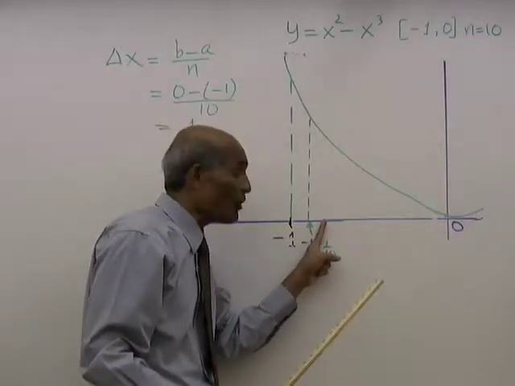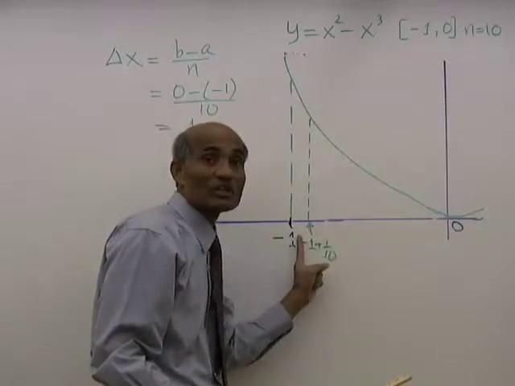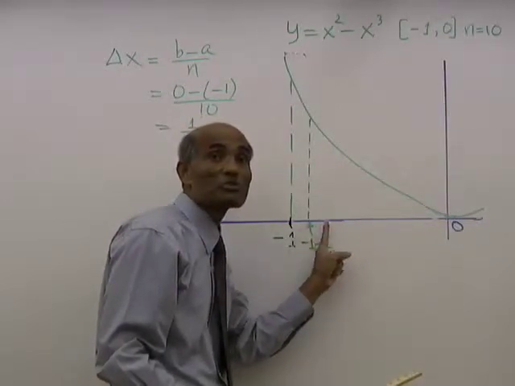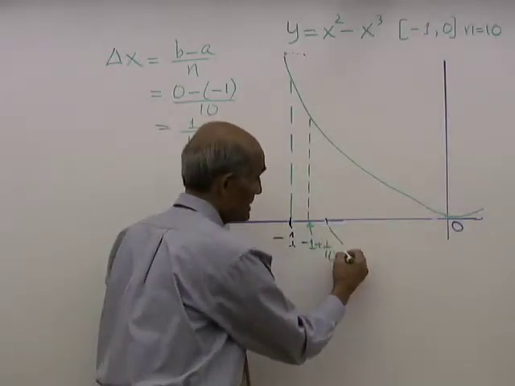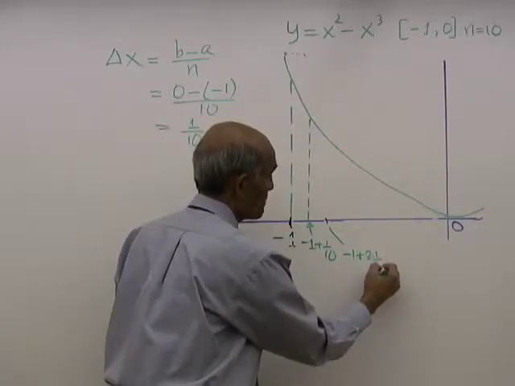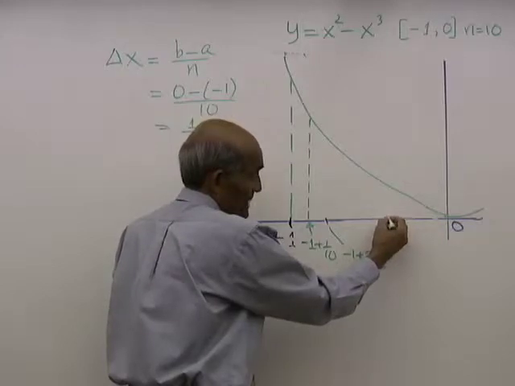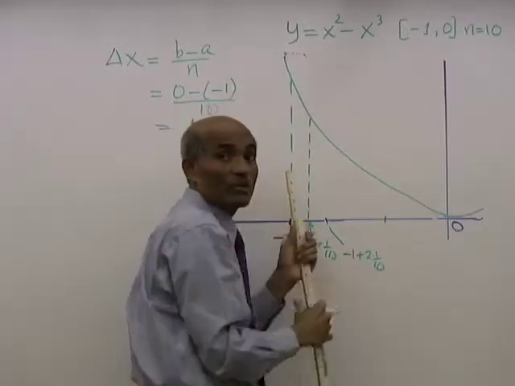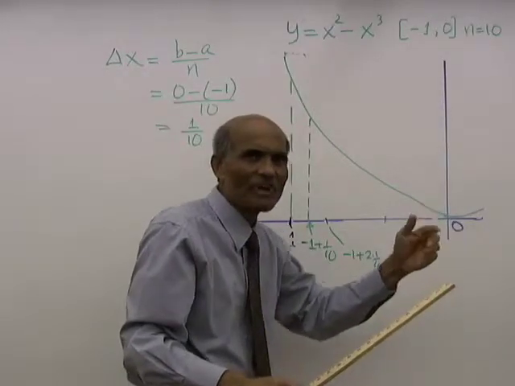The x value on the right side of the second rectangle will be -1 plus 2 times 1 over 10. Is that right? This will be -1 plus 2 times 1 over 10, and so on. Suppose this is the right side, the right x value.